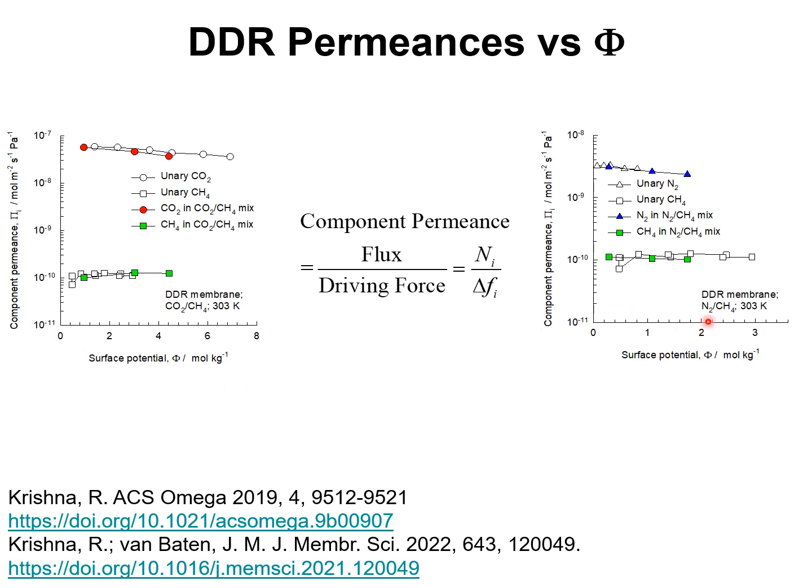The same is true for mixtures of nitrogen and methane. The component permeance of nitrogen in the mixture, indicated by the blue triangles, is the same as the unary permeance of nitrogen, and the component permeance for methane in the mixture, shown by the green squares, is practically the same as the unary permeance of methane, provided the comparison is made at the same surface potential. The data presented here are taken from these publications.